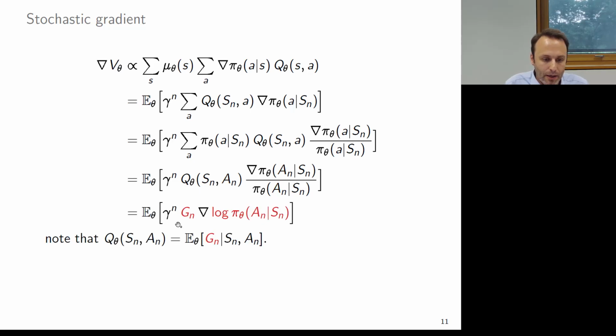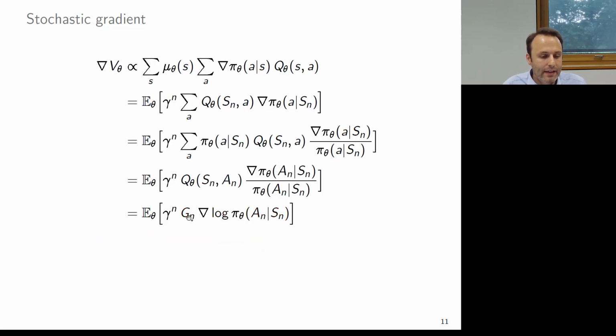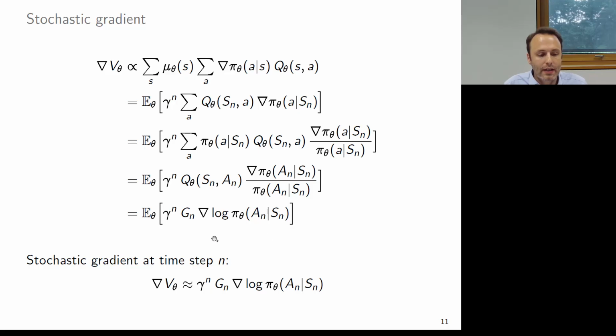Now we can write this fraction in a more compact form. So we have here the log of pi, which is equal to this. And we can replace the Q with our Monte Carlo estimate here. And with this, we get the stochastic gradient at time step n, which is just this equation that we have seen already before.